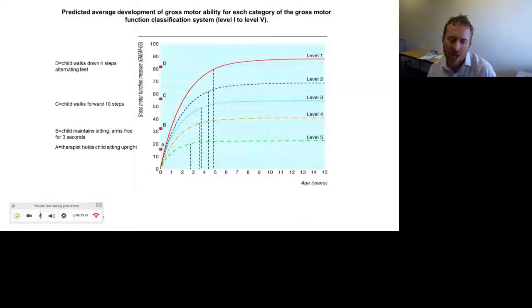I guess one of the substantially good things about the GMFCS is that it's robust over time. So children do not change their GMFCS level, or are unlikely to change their GMFCS level, and that includes as children go beyond the age of 15 and into early adulthood.